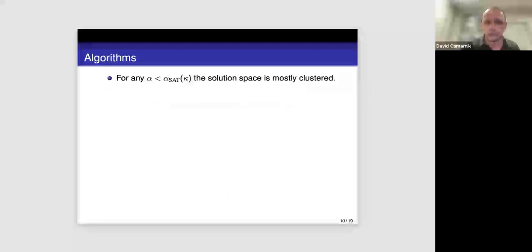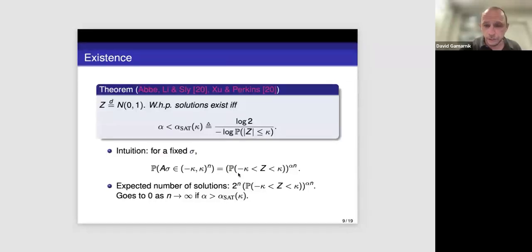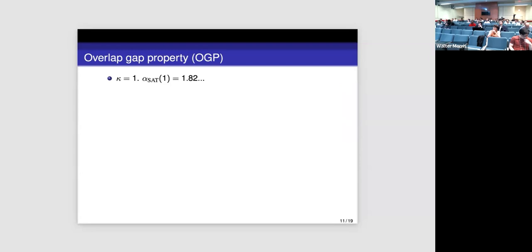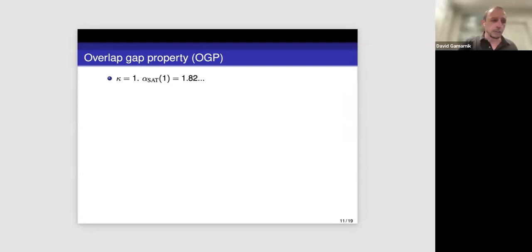Let me go back to this. So this is the formula. I'm trying to highlight it here. I hope you can see it. So you plug kappa equal to 1, you compute this number numerically, and that number turns out to be 1.82. So you know that if alpha is less than 1.82, solutions do exist with high probability.